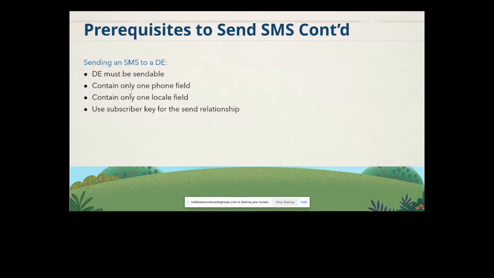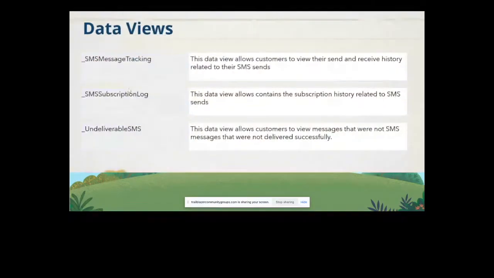Apart from this, when we cover sending SMS and all, there are other things, especially on data views. The biggest question: when I send an SMS from the Marketing Cloud platform, what are all the data views that can be leveraged to build sophisticated reports for the customers? You can leverage these data views to build reports, and you could send this to FTP locations for your data warehouse teams.